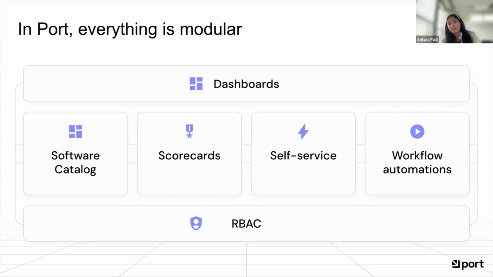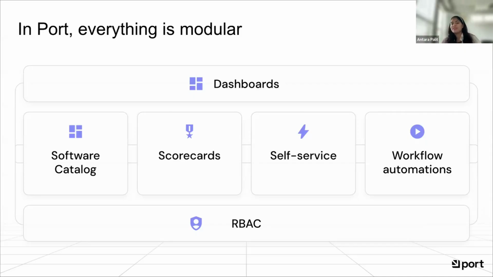And then finally, we have workflow automations. There are always tasks where you'd rather remove the human from the loop, like ephemeral environments or responding to incidents. With Port, you can trigger things automatically. For example, spinning up a Slack or a Teams channel with the right people and context in place as soon as an incident occurs.